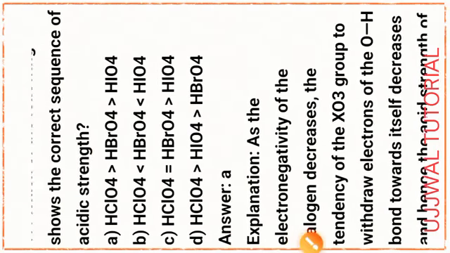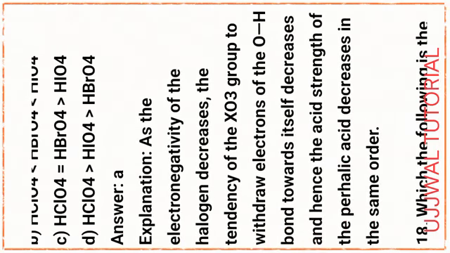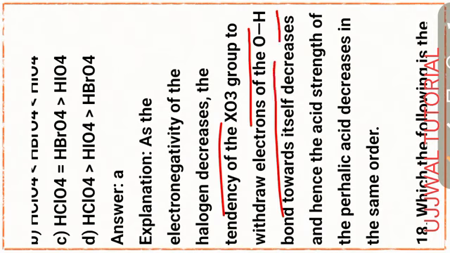Due to explain for this part, as the electronegativity of the halogen decreases, the tendency of the XO3 group to withdraw electrons of the OH, that is oxygen hydrogen bond, towards itself decreases, and hence the acidic strength of perhalic acid decreases in the same order.